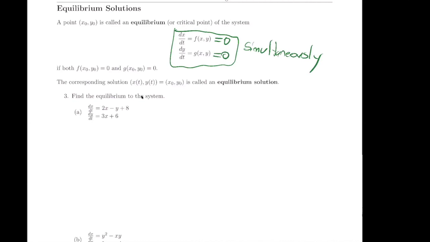So in other words, when we're finding equilibrium, we're going to need to solve a system, which oftentimes is going to be a non-linear system.